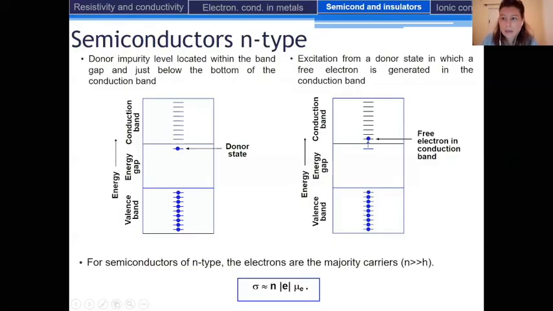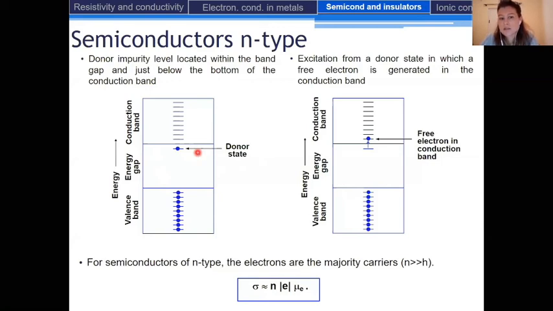In order to explain what is happening in these N-type semiconductors, we can have a look at the energy band structure. As you can see, there is a donor state within the energy gap, which is due to the impurities that have been introduced in the material.